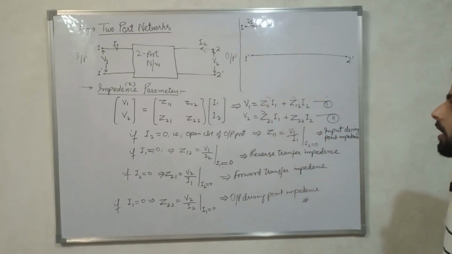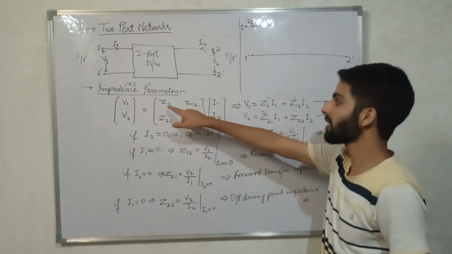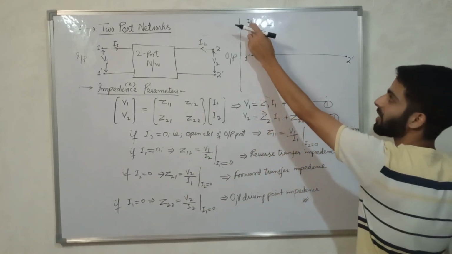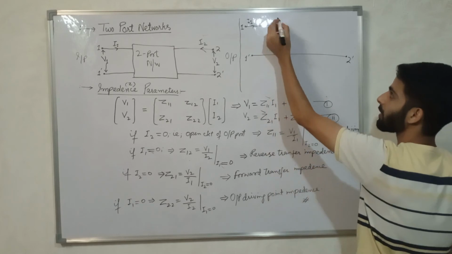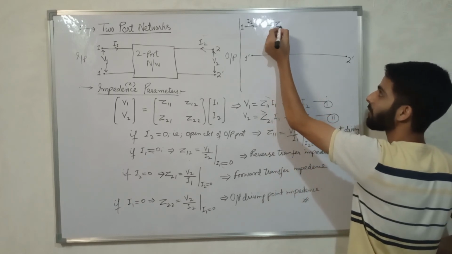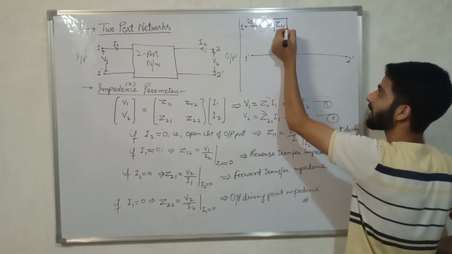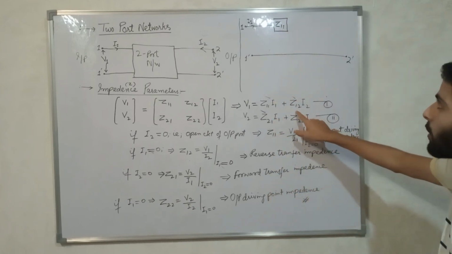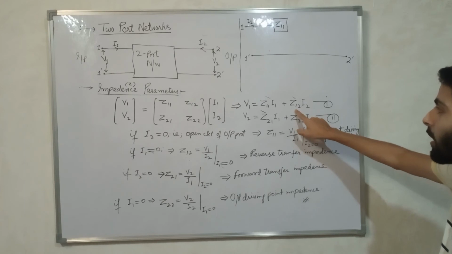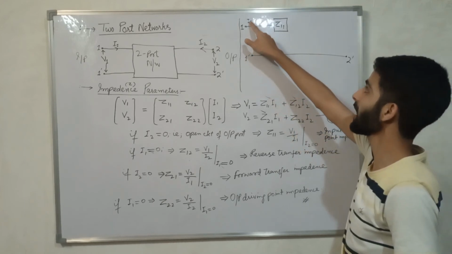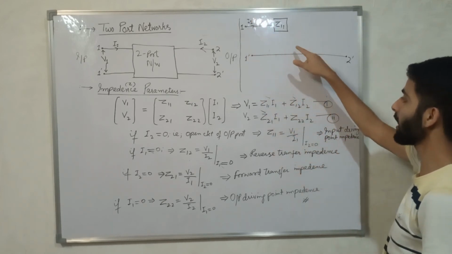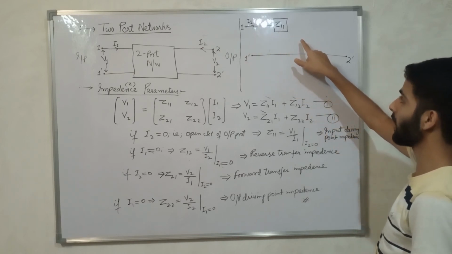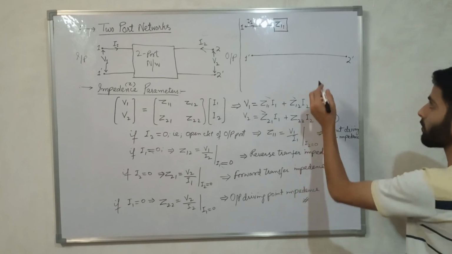So we write Z11 I1 here. Z12 we have to connect with this, but the current is I1, so we cannot write only Z12 here. We would have to write current I2 along with it.